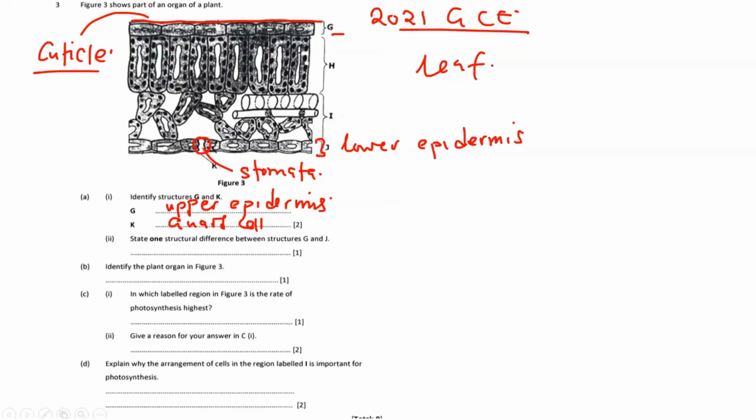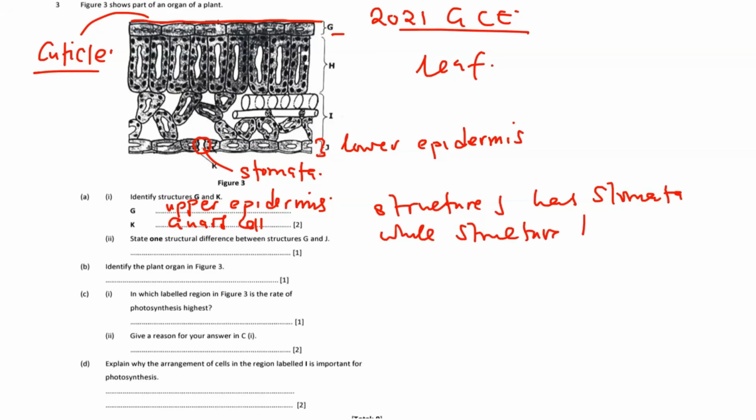So structure J has stomata, while structure G does not have stomata.